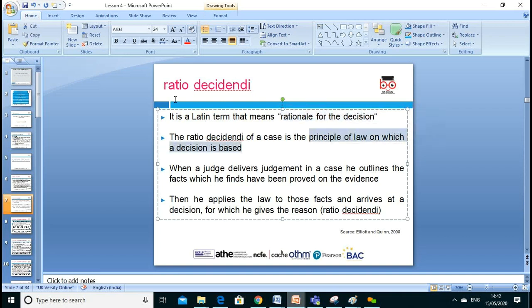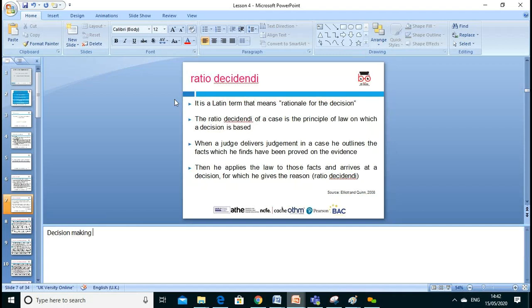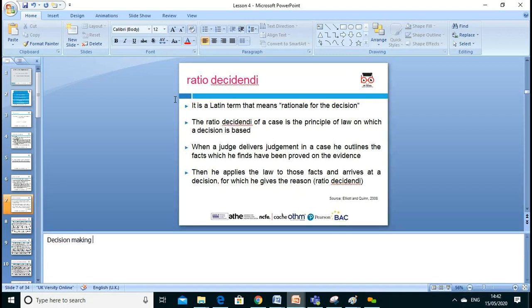The decision is based on what? What is meant by decision making? Anyone? What is decision making in normal life? Do you make any decision? Have you made any decision from morning till now? With respect, yes? Just think about it.